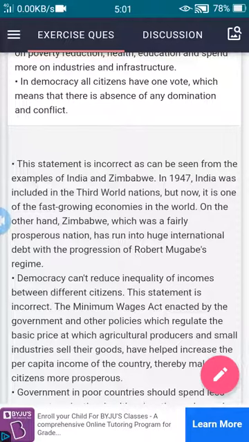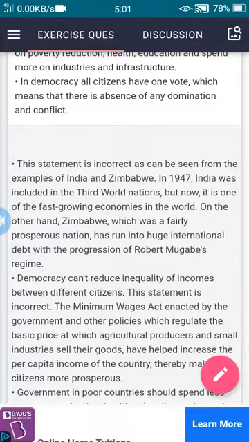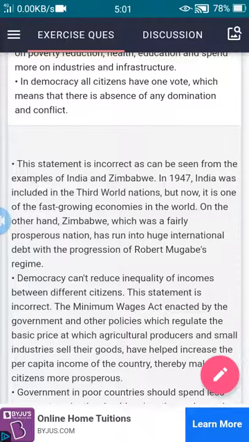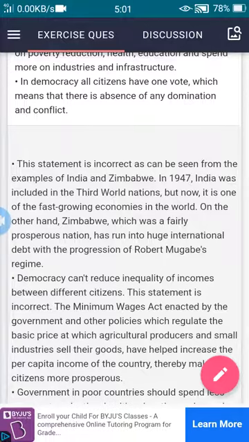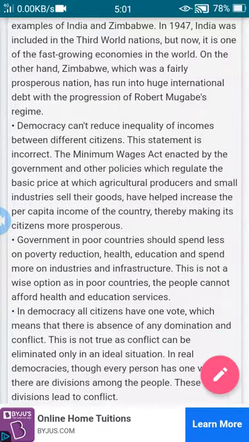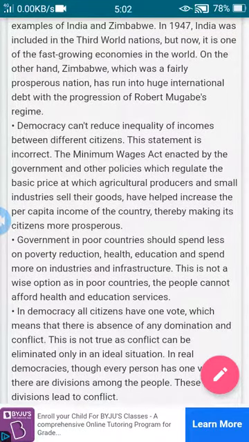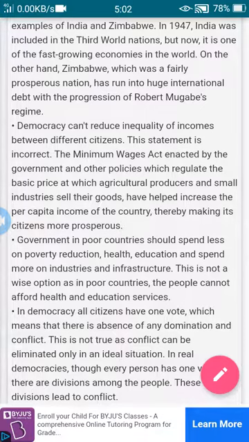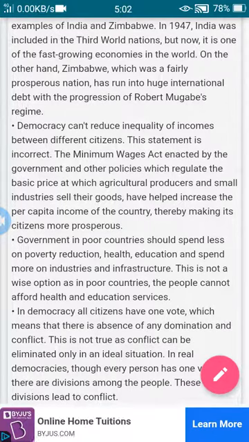I am telling one question and another one answer about these arguments. Now, second one, democracy cannot reduce inequality of incomes between different citizens. Answer for that, this statement is incorrect.